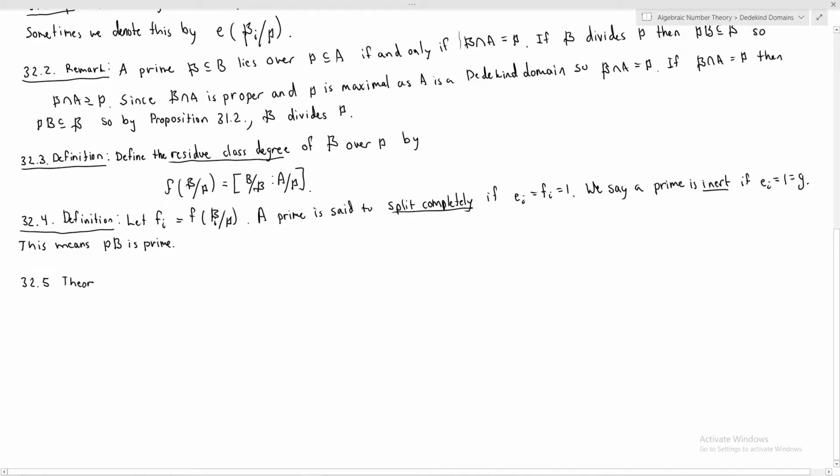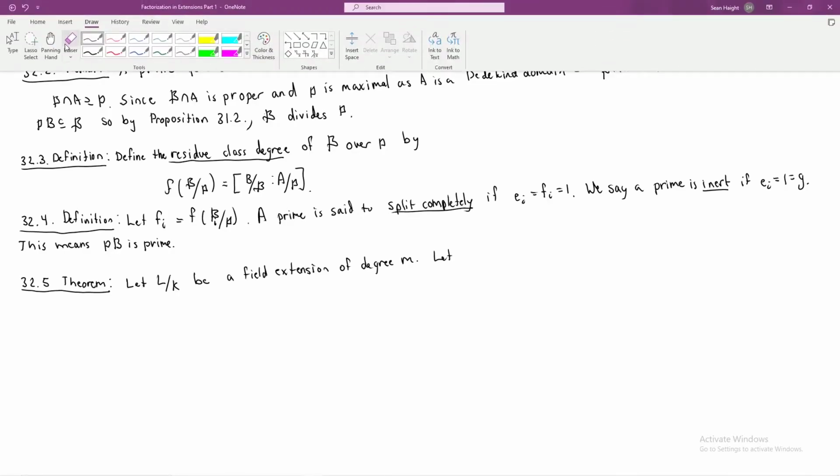We're not going to prove it today, but we're going to start working on the lemmas that go into the proof. So the theorem goes like this.